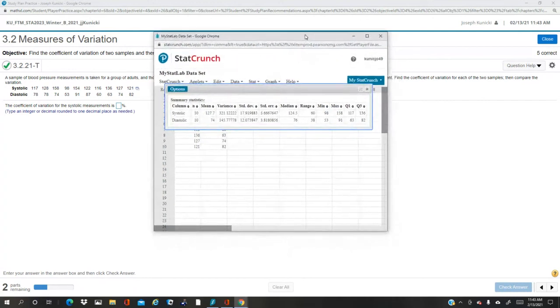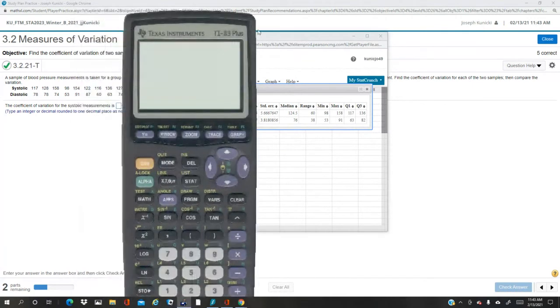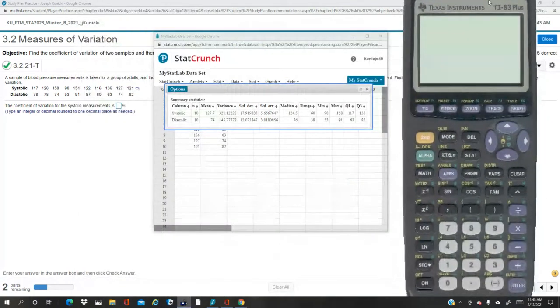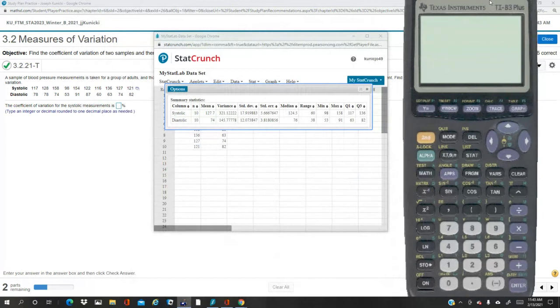All right. So I'm going to open my calculator also. So to calculate, they want the systolic. So that's the one that's in the top row. Turn this on, clear the data. So I'm going to take the standard deviation for the systolic, which is right there, highlighted in blue. I'm going to use all the decimal places because I'll round off for the percent.